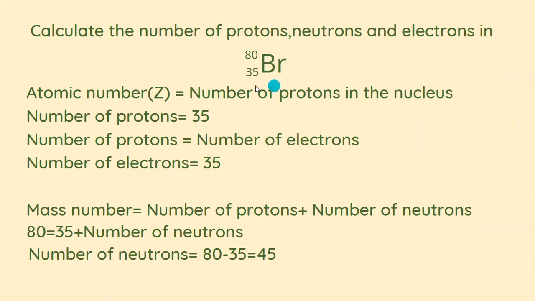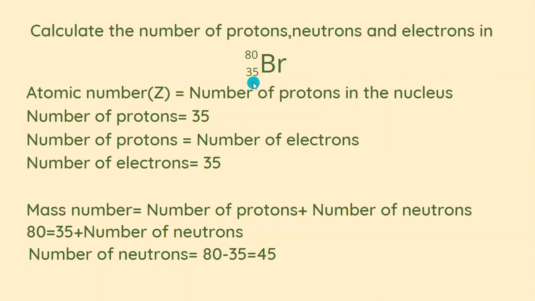So obviously the atomic number will be less than the mass number. So this is something that you can use when you have this particular representation and it sometimes might slip your mind and you might be confused as to which is the atomic number, which is the mass number. So the atomic number is always lesser than the mass number.